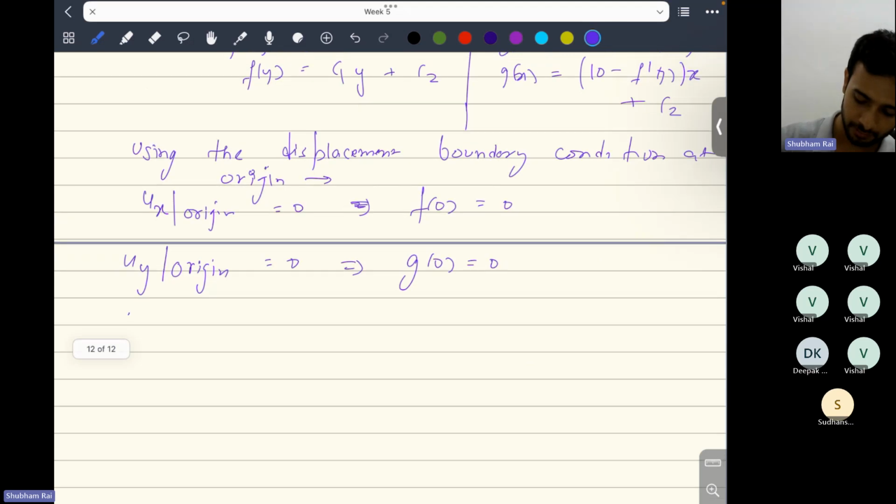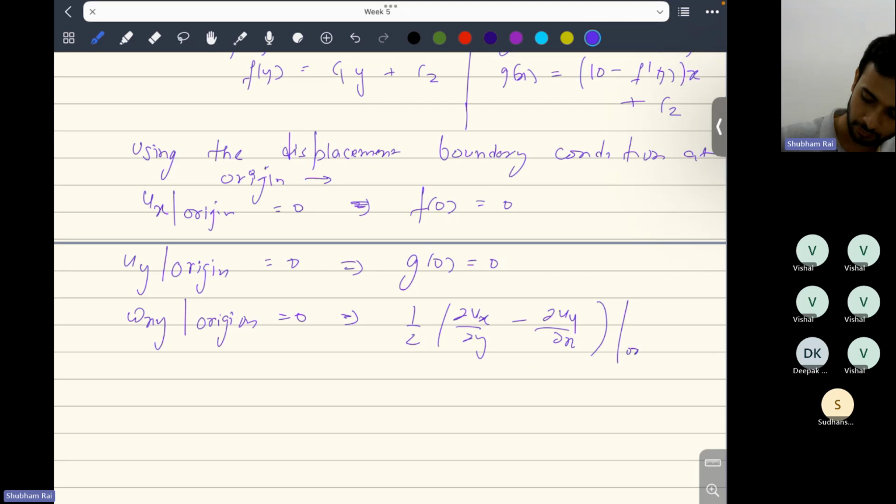And then you have finally rotation gamma xy at origin, so that is 0. So gamma xy is given by half of del ux by del y minus del uy by del x. At origin, if you calculate, that is 0.